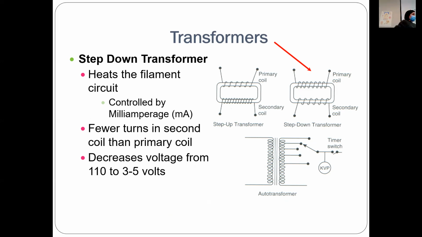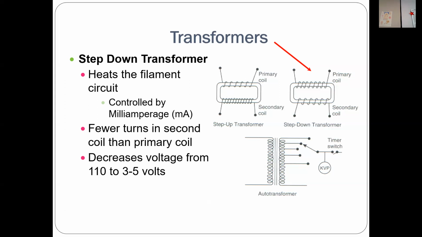So if you're like a little electron traveling through the circuit and you come to the transformer, and let's say there's 5 coils in your primary circuit. Then you go to the secondary coil and there's 10, it's increased.